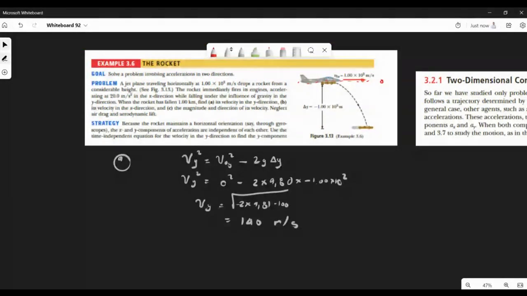In the y direction, it's going downwards. That's correct, that's what I'm looking for. So it's negative 30 because it's below this part over here. If it was projected upwards, then you would deem it positive. That's why if you did the other examples, you would have seen these things. This is what I'm checking for.